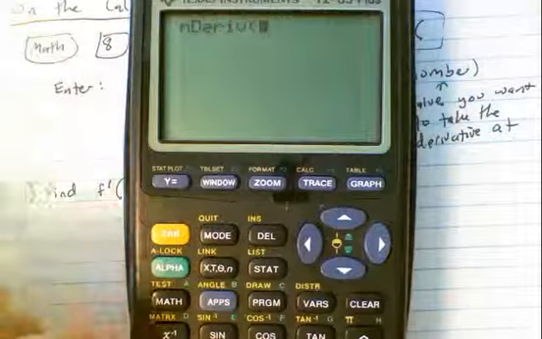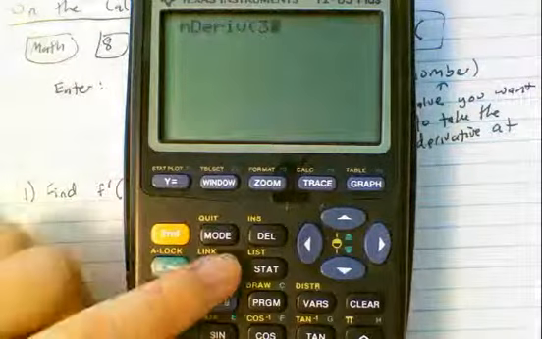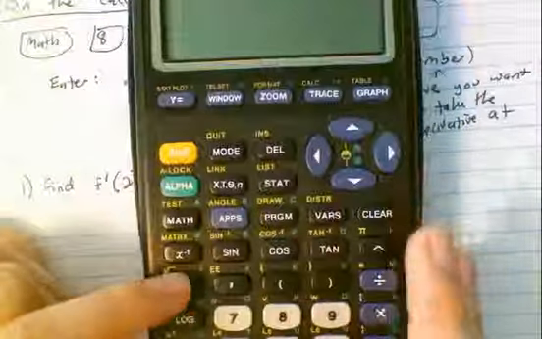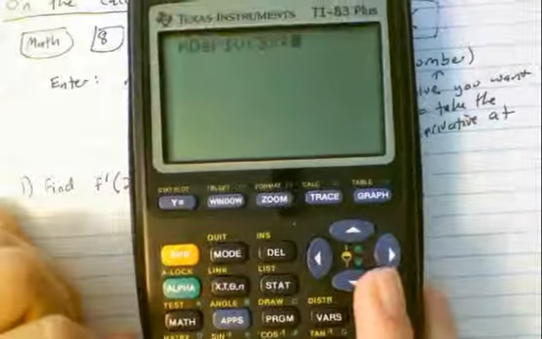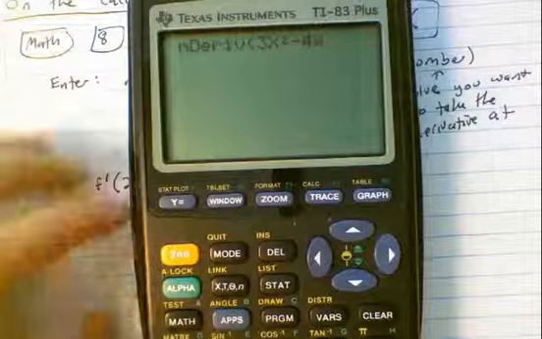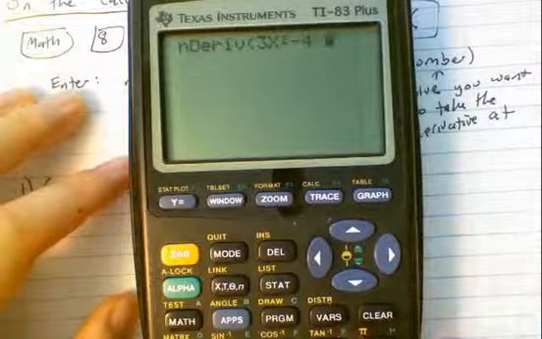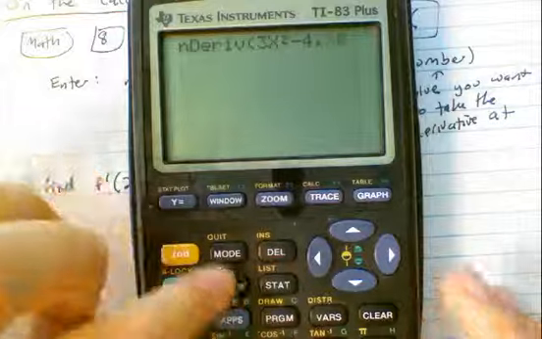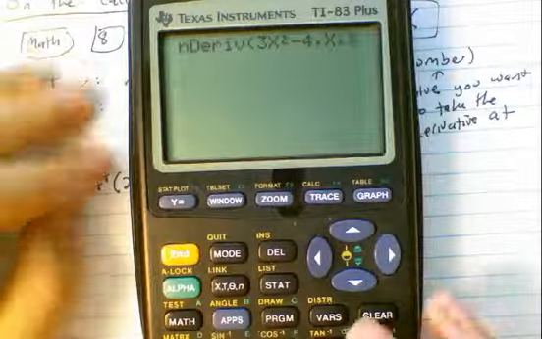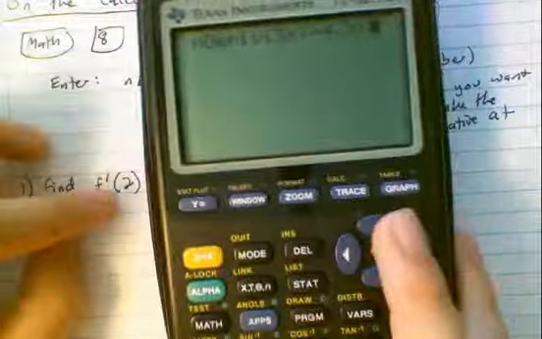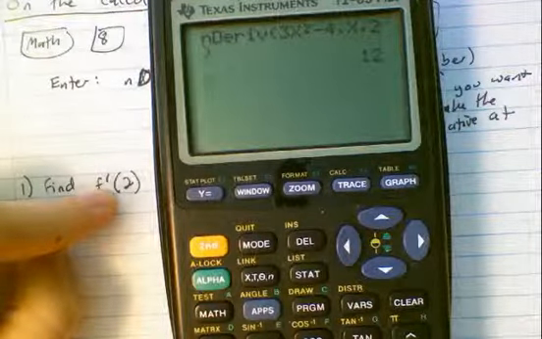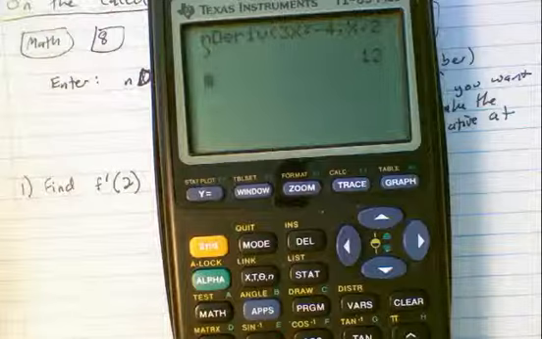So I'm going to type in 3, then my x is right here, squared is right over here, minus 4, comma. I'm going to put in my variable, which was x, comma, the number I want to evaluate it at. I wanted to find f prime of 2, so I'm just going to put in 2 right there and close the parentheses. Then when I do that, voila, I get 12.